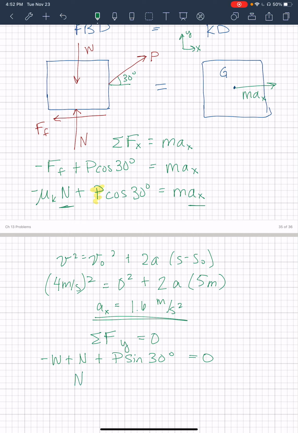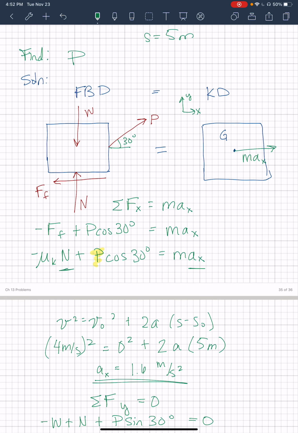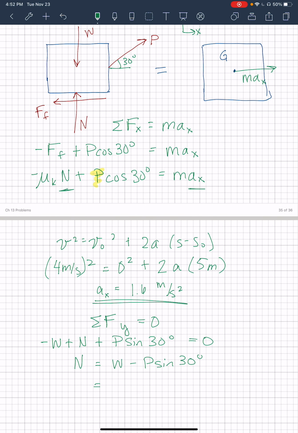And so we get N equals W minus P sine of 30 degrees. And W, I think they gave us the mass was 50 kilograms. So 50 kilograms times 9.81 meters per second squared minus P, which is what we're looking for, sine of 30 degrees. So now we have a value for N in terms of P.